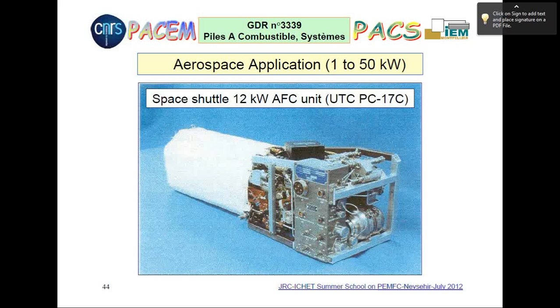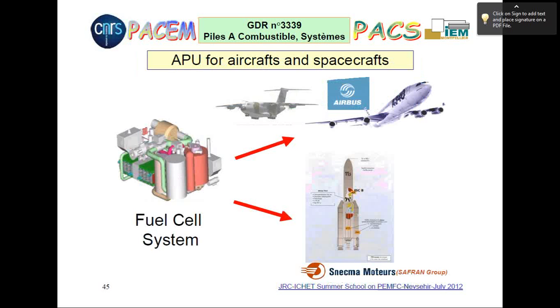Okay, now I have to go a little bit faster, excuse me. Just also for auxiliary power units for aircraft or for space. That's an interesting point. Airbus is making some experiments, particularly with DLR in Germany, for example, for taxiing the plane at the airport.